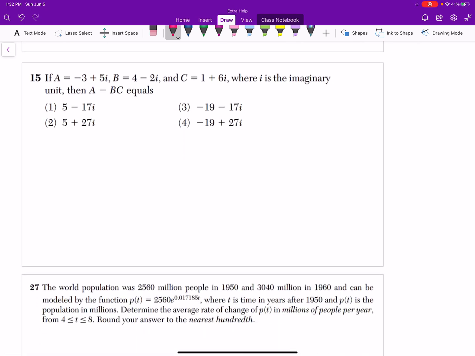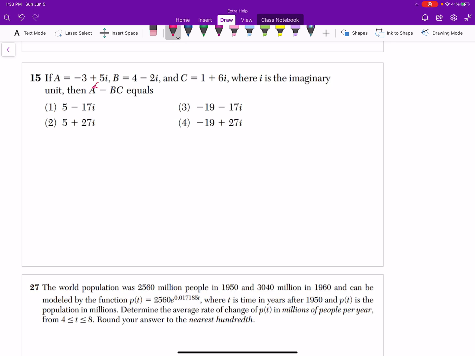15. If A is equal to negative 3 plus 5i, B is equal to 4 minus 2i, and C is equal to 1 plus 6i, where i is the imaginary unit, then A minus B times C equals.